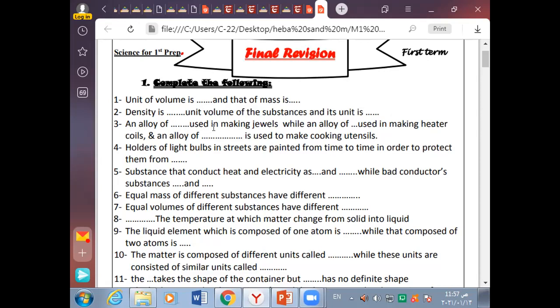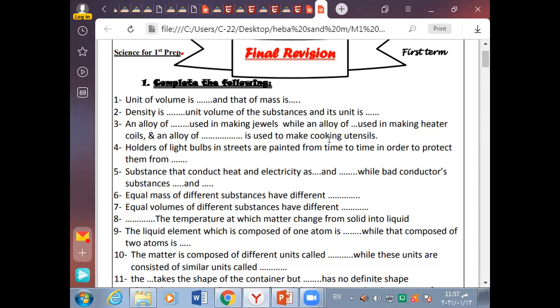An alloy of what is used in making jewels? An alloy of what is used in making heater coils? An alloy of what is used in making cooking utensils? Gold and copper alloy is used in making jewels. Heater coils are made of nickel chrome.